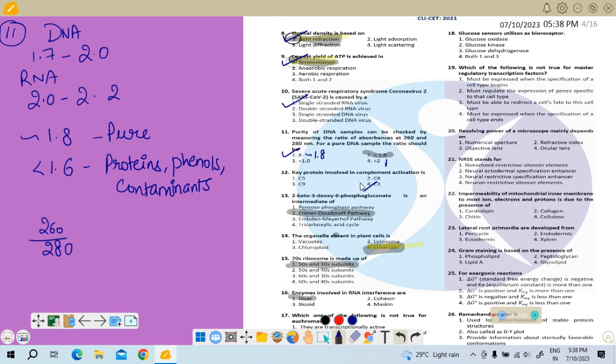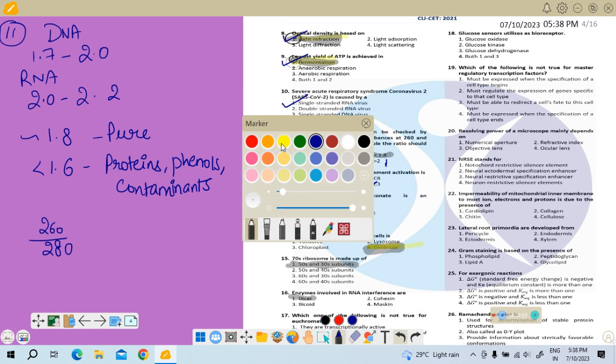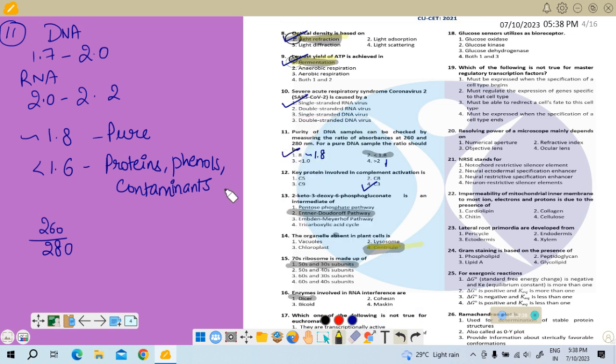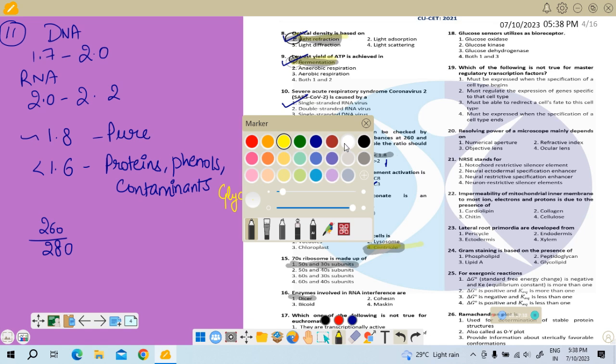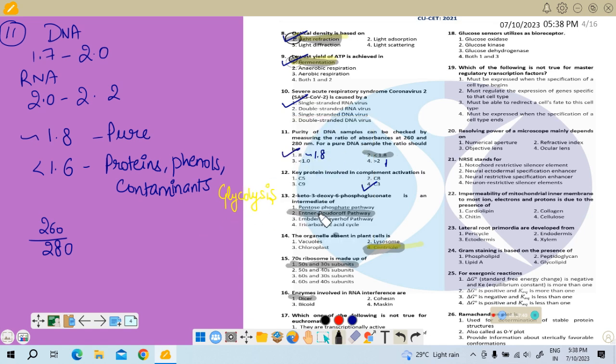So they all are talking about glycolysis. These all are other names of glycolysis. EMP pathway, that is Embden-Meyerhof pathway, glycolysis or EMP.